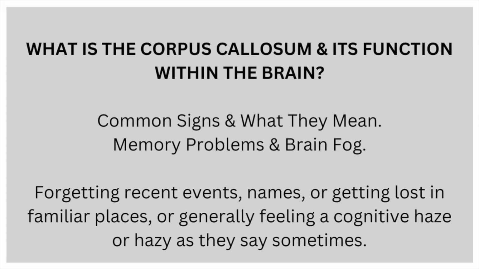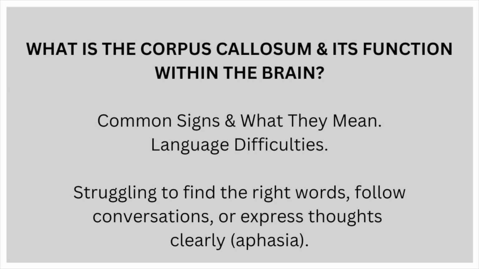Common signs and what they mean: memory problems and brain fog, forgetting recent events, names, or getting lost in familiar places, or generally feeling a cognitive haze, or hazy, as they say sometimes. Language difficulties, struggling to find the right words, follow conversations, or express thoughts clearly, this being aphasia.